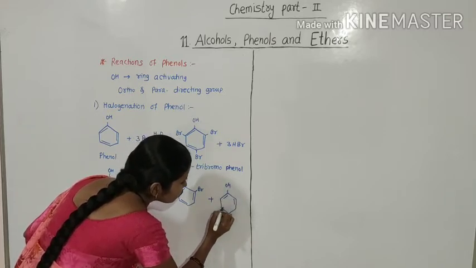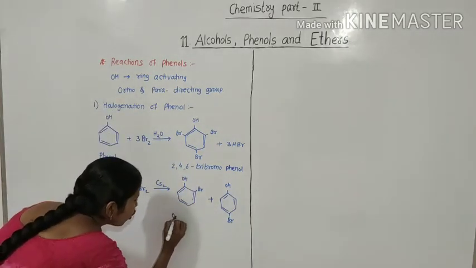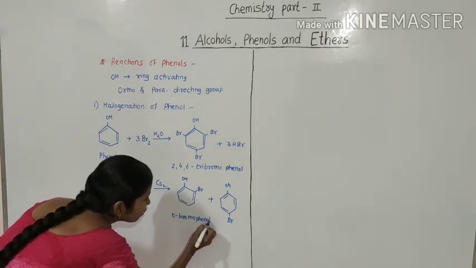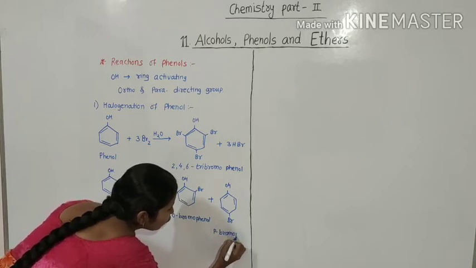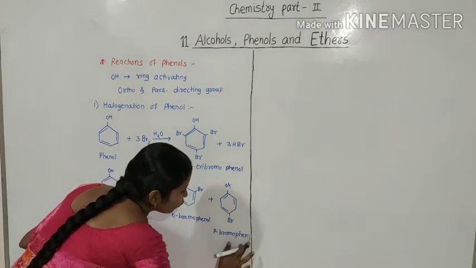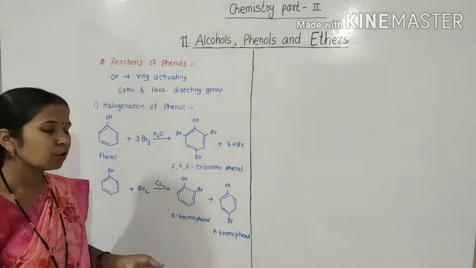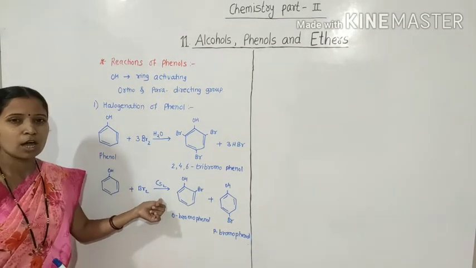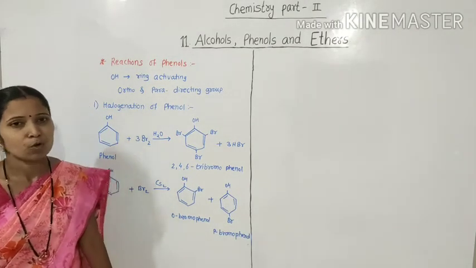This is the structure of parabromophenol. So we use the reagent CS2, carbon disulfide, to form ortho-bromophenol and para-bromophenol.